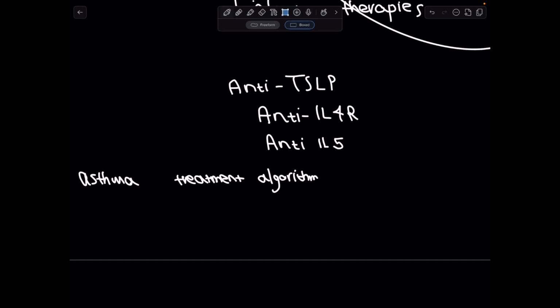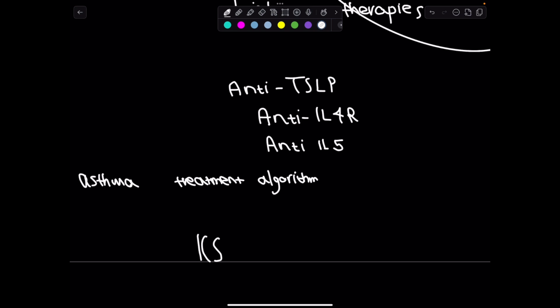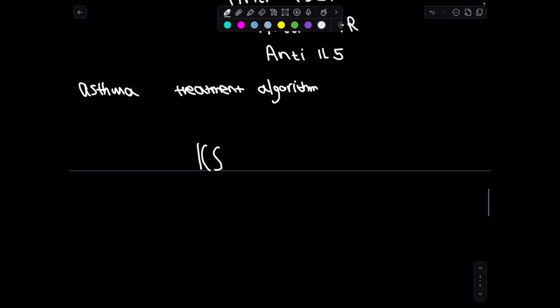Moderate cases might add a long-acting beta agonist, LABA, or increase ICS dose. Severe or uncontrolled asthma brings in biologics like the anti-IgE, IL-5, or TSLP we talked about, if patients meet specific criteria, like high eosinophils or allergic triggers. The algorithm emphasizes regular monitoring, stepping up or down based on control, and addressing triggers like allergies or smoking.